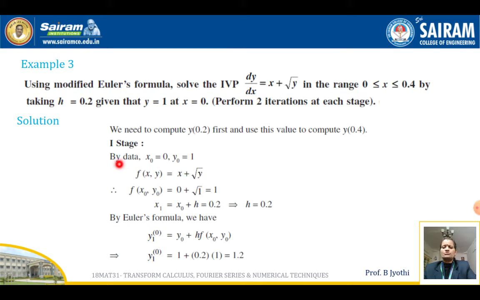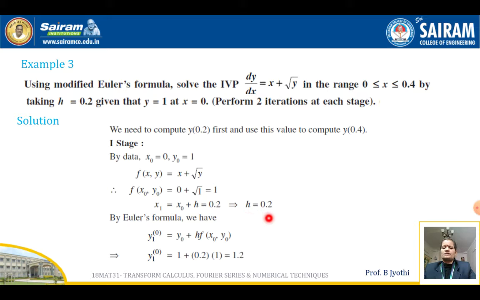Now let's look into stage 1. By data, x naught is 0 and y naught is 1. So, f of x y is the given function, that is x plus root y. So, f of x naught comma y naught is 0 plus root 1, that is 1. Next, x1 is given by x naught plus h, that is 0.2.